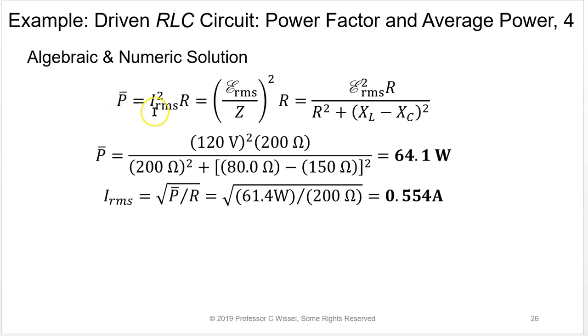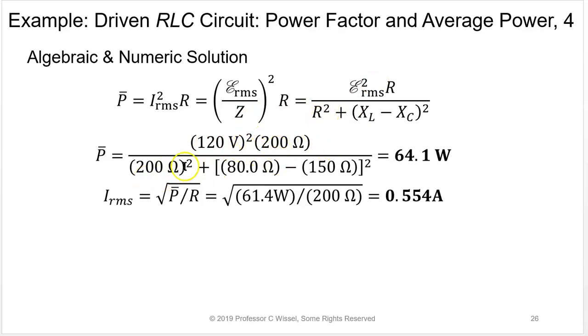So P is IRMS squared times R, and of course IRMS is just ERMS over Z, so P equals ERMS over Z, that quantity squared, times R. And we can rewrite this as ERMS squared times R divided by the quantity R squared plus the square of XL minus XC. We're ready to plug in numbers. We have our 120 volts for ERMS. We're going to square that. A resistance of 200 ohms.